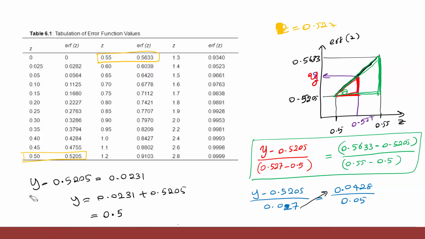I have written something wrong here, isn't it? 7. Yes, so this one is wrong. Y minus, no, that is right, yes.